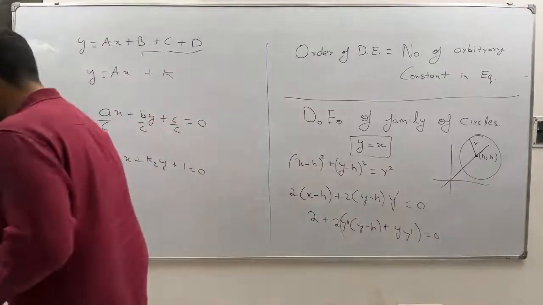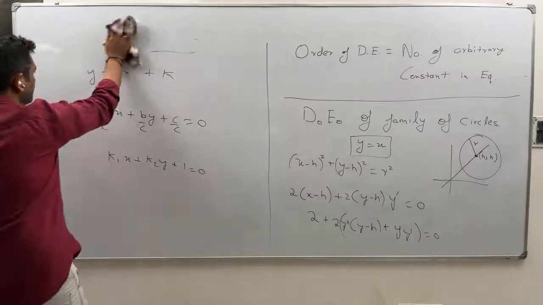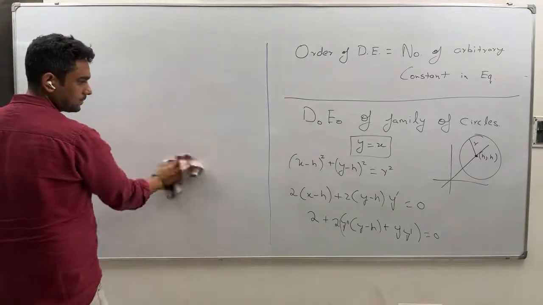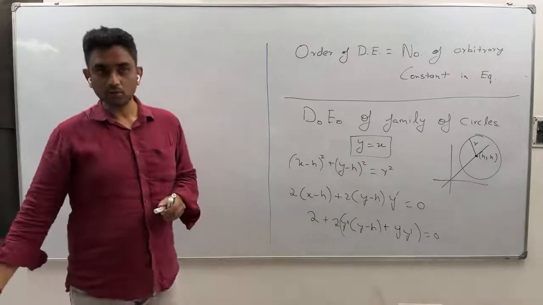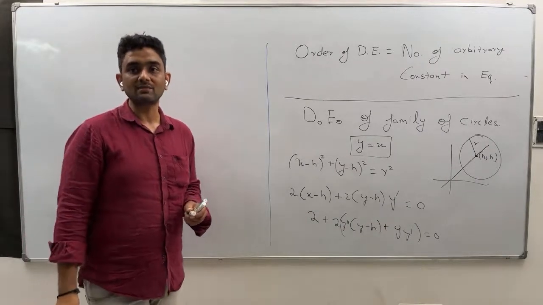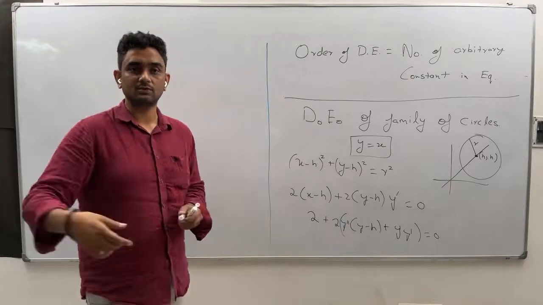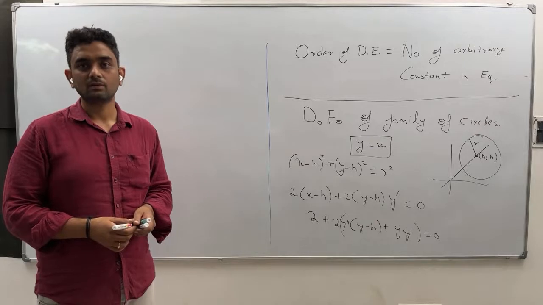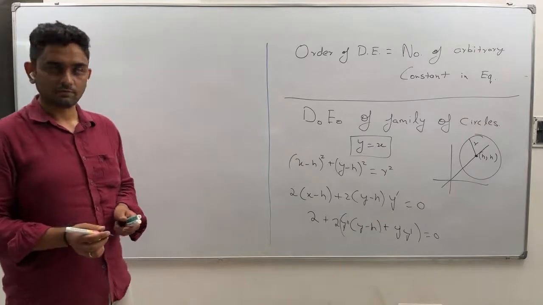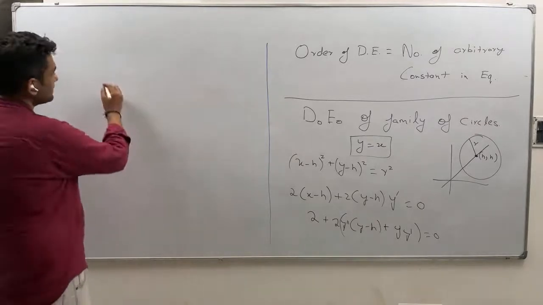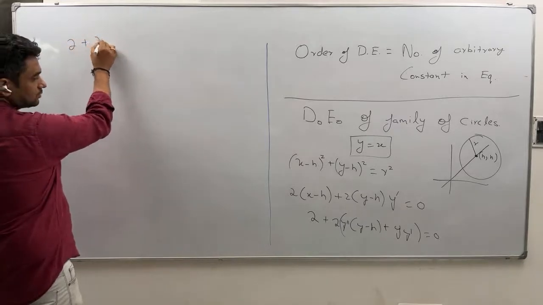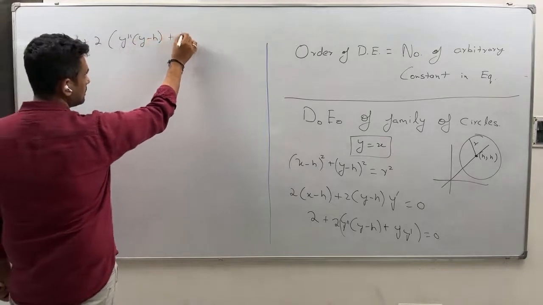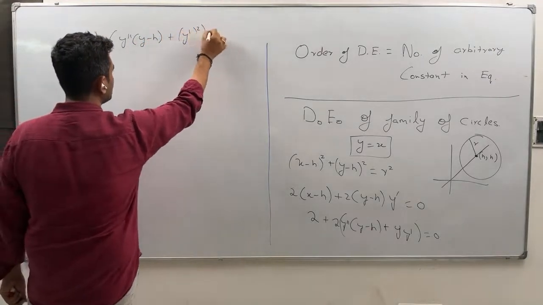So when we further simplify it, we're using the product rule. Derivative of y minus h is y dash, into the other which is already y dash. Product rule: uv dash plus u dash v. So we can write it as 2 plus twice of y double dash into y minus h plus y dash whole square equal to 0.